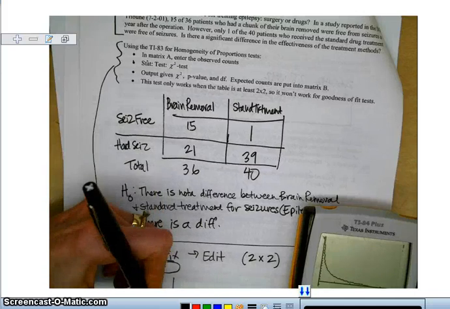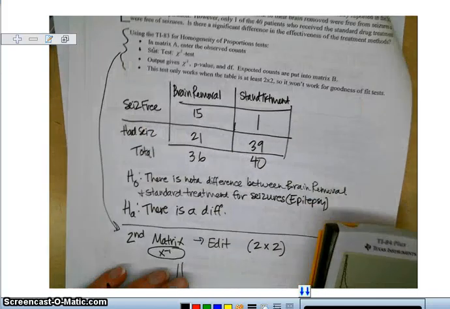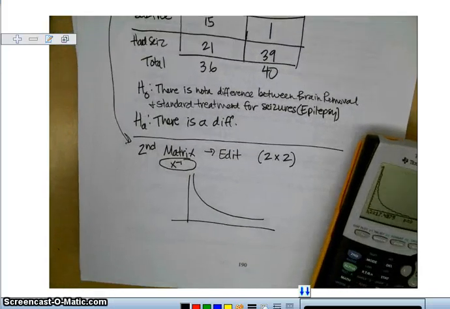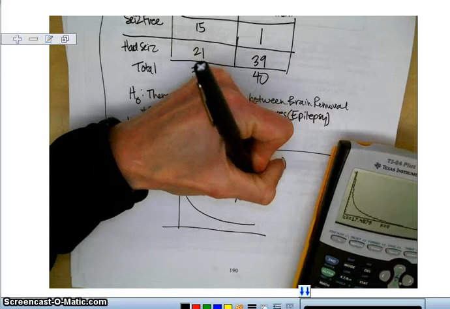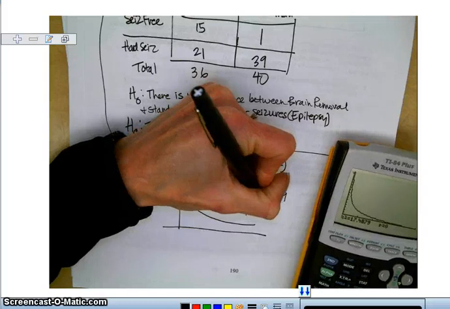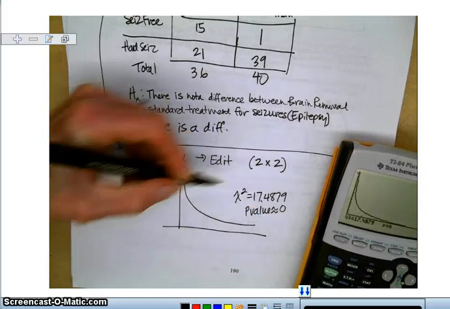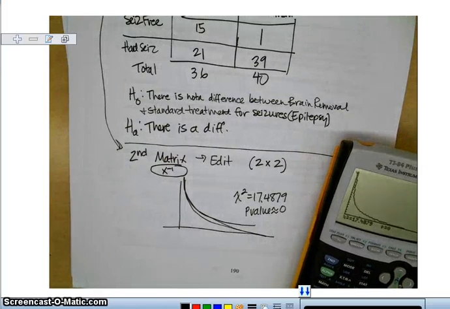The chi-square distribution looks like this. And it says that my chi-square value is 17.4879 and my p-value is approximately 0.